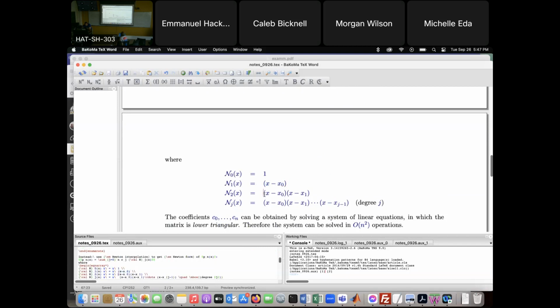I keep whatever linear factors were already being multiplied, and I just tack on a new one. Until finally, this one has x minus x naught, x minus x1, x minus x2, and so forth, all the way up to x minus x sub j minus 1, so that the whole thing, nj of x, has degree j for each index j.